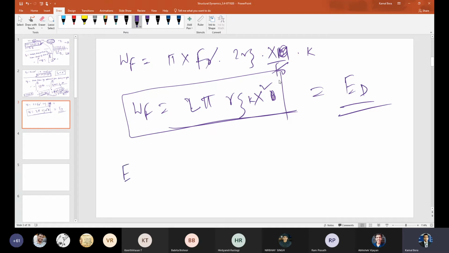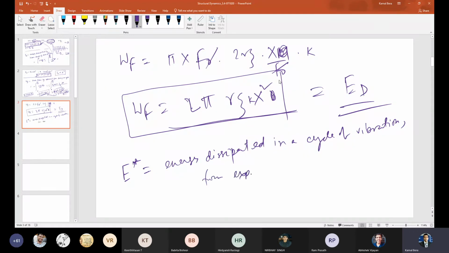I am calling the energy dissipated E star: the energy dissipated in a cycle of vibration, from an experiment on an actual structure. So I will find out how much energy is dissipated. You know how to find the energy dissipation, right?